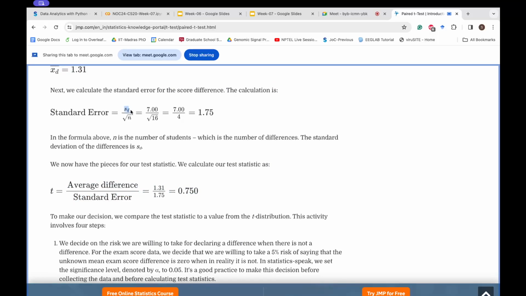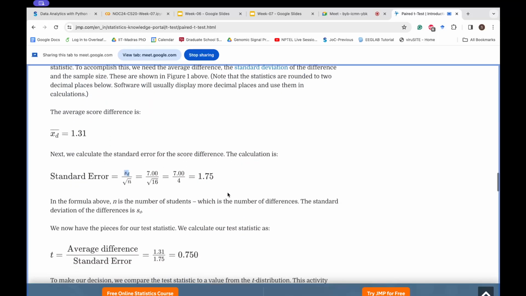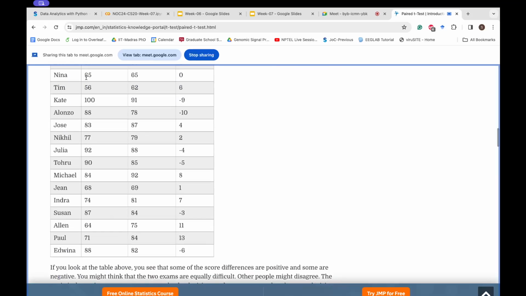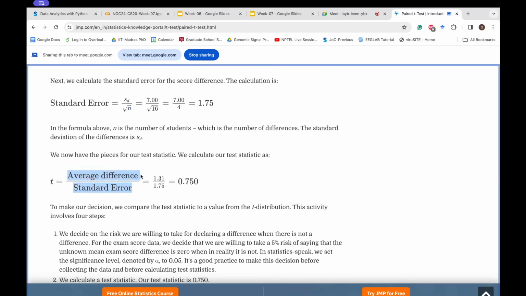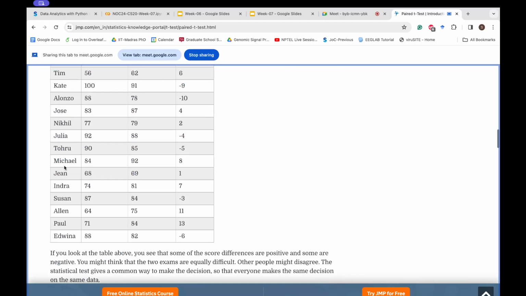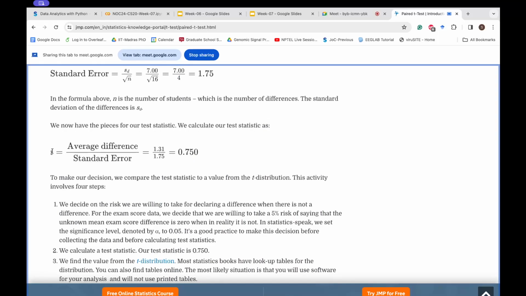The average of the differences is computed over these values, and the standard error is nothing but the standard deviation of the differences divided by the square root of n, where n is the sample size, the number of people in that group. So the t statistic is the average difference divided by the standard error, and once you get the t value, the degrees of freedom is n minus 1 in this case. You will compute the p value corresponding to this t value, and then based on the significance level you will accept or reject the null hypothesis.